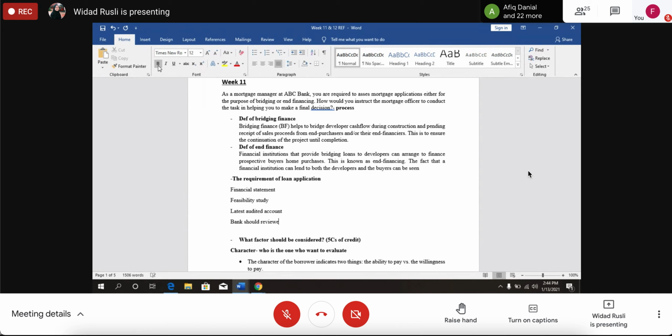And in the reviewing process, then we start to talk about the 5 C's. So under the reviewing process, how does the bank do the review before we talk about the 5 C's? Can the class help? Based on the documents submitted just now.